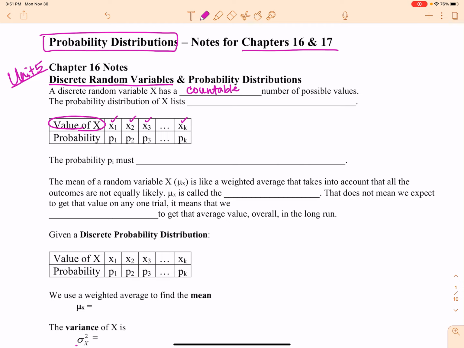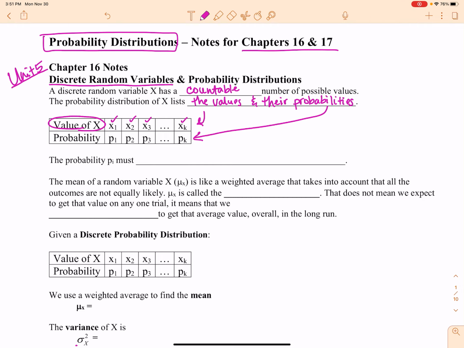So the probability distribution of x is going to list the values, those are going to be right up here, and their probabilities. And of course, that's going to be in this row right here.